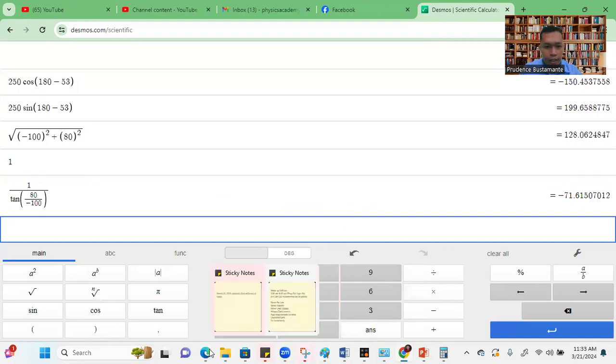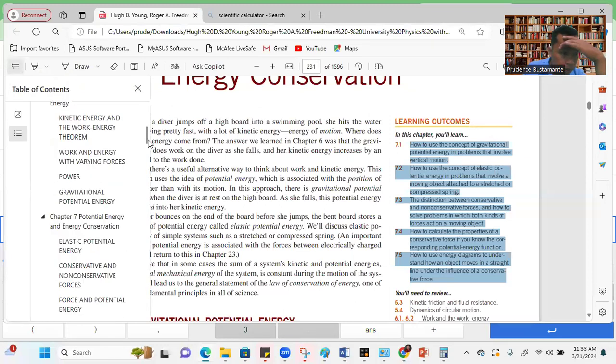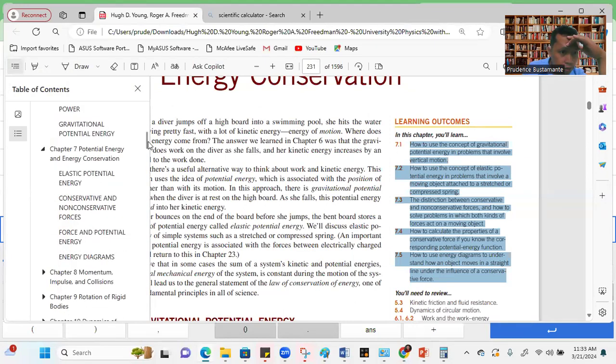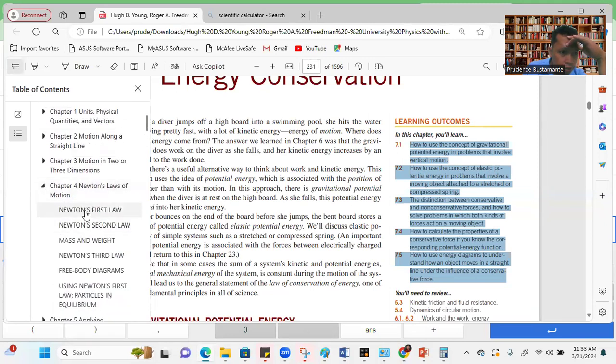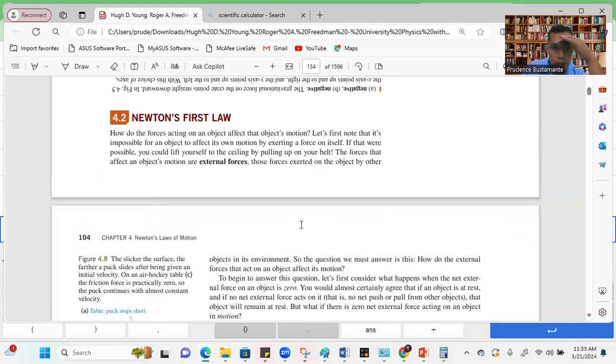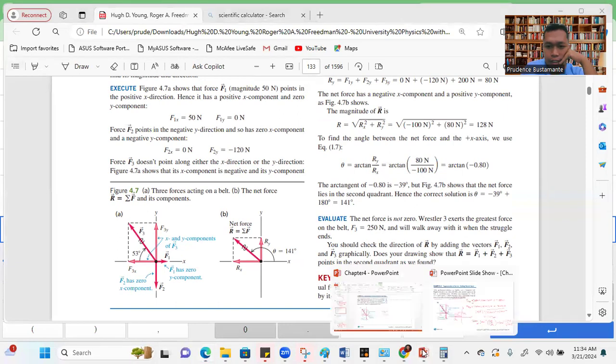So let's check. 71 degrees, we made a mistake. The arctangent is not 71 plus. It's 80. So it's actually negative 39 degrees.